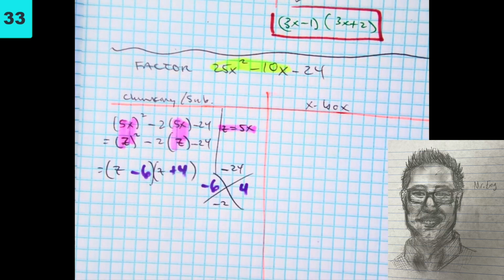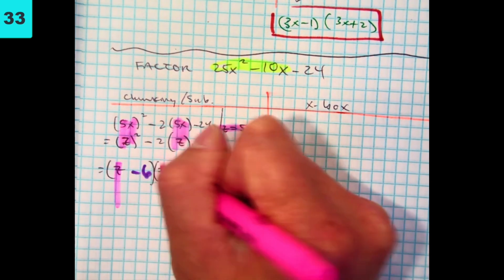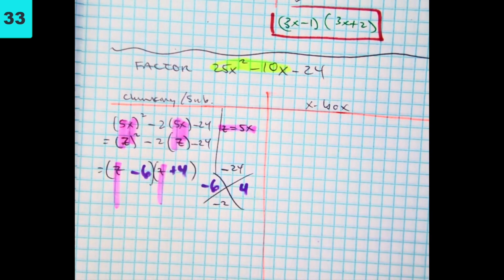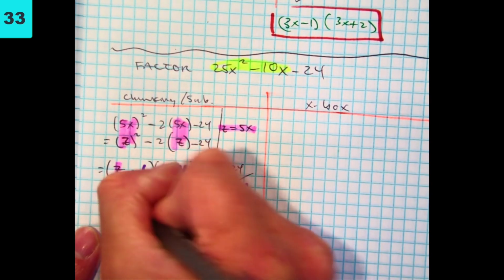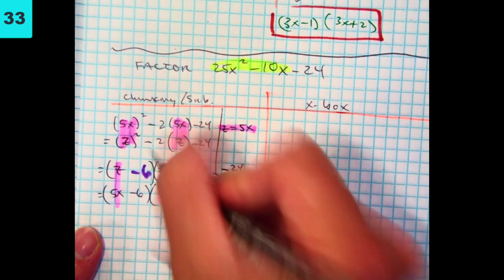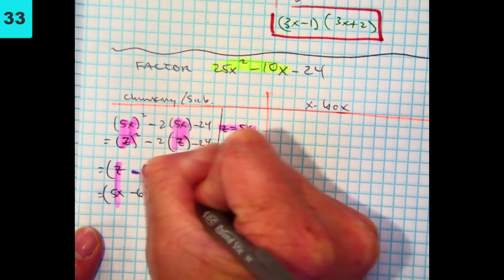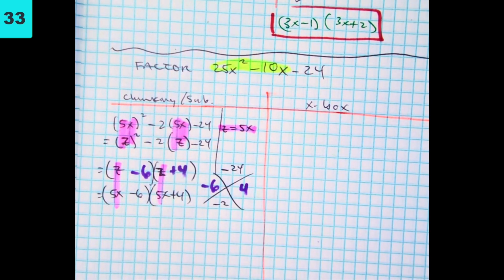Are we done? No, we gotta do the substitution again. Z is equal to what? 5x minus 6, and what do you write here? Z, Mr. Moon. 5x plus 4. Raise your hand if you got that.